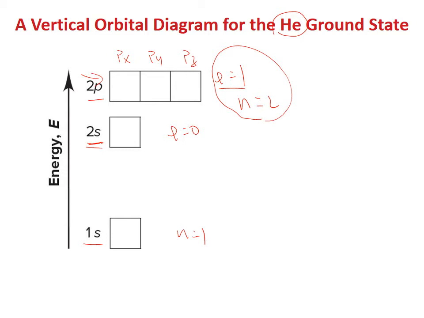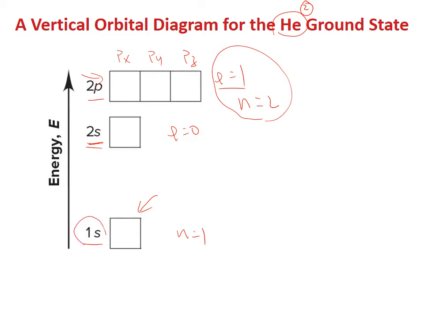Now, the helium atom has a total of 2 electrons. How do we fill the energy orbitals? Well, the 2 electrons go to the 1s orbital, the lowest energy level. And according to the Pauli exclusion principle, no 2 electrons can have exactly the same 4 quantum numbers.